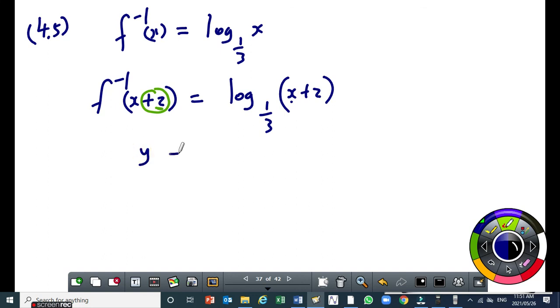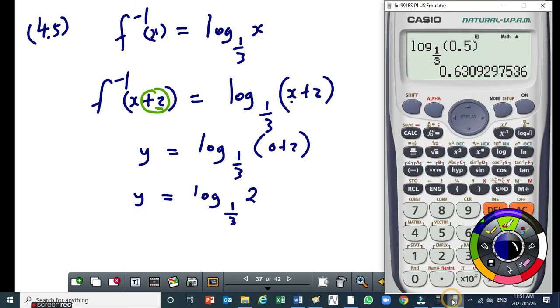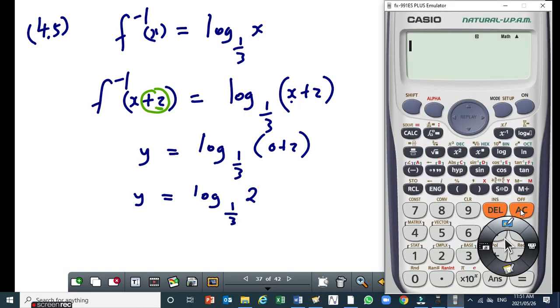Here, we'll put y, so that we'll have y equal to log base a third of 0 plus 2. And this gives us y equal to the logarithm base a third of 2. Then let's bring our calculator. If you bring your calculator, this is what happens. So let's say log to base 1 over 3 of what? Of 2.